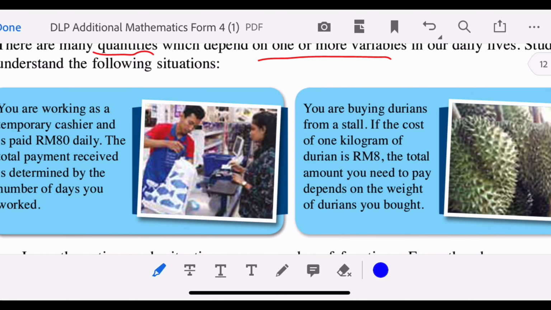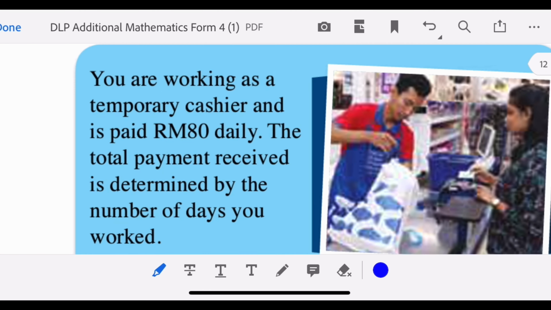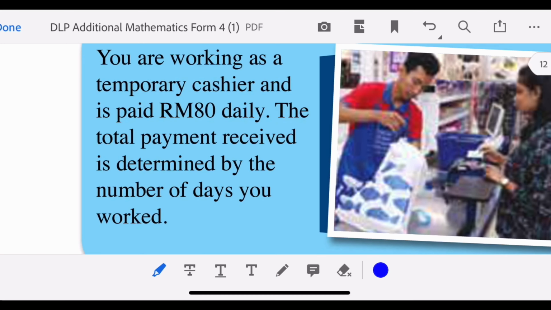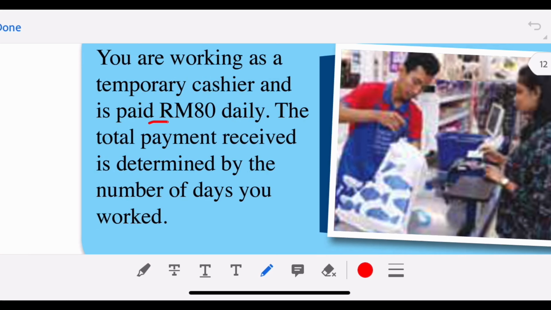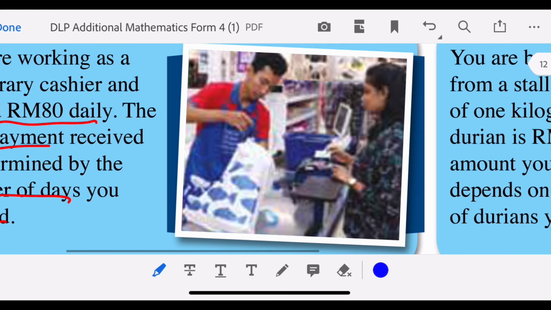You are working as a temporary cashier and are paid RM80 daily, 80. The total payment received is determined by the number of days you work.